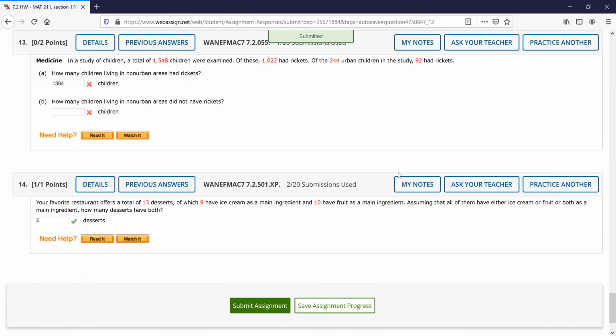Nope. Okay. Oh, there's more to it. I'm sorry. That's the number of rural children. The rural children is 1,020 in this. So it subtracts this 1,022 from that number.